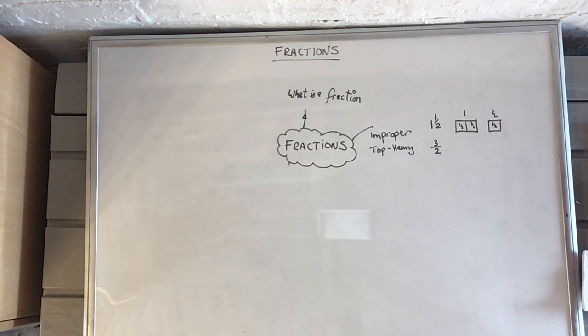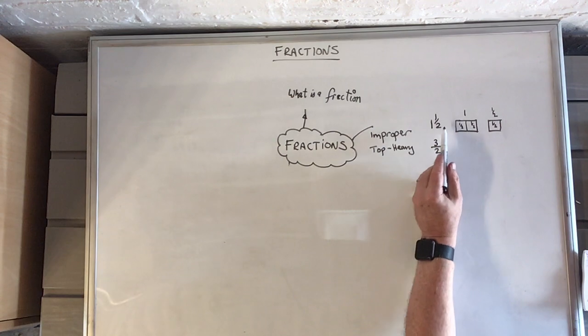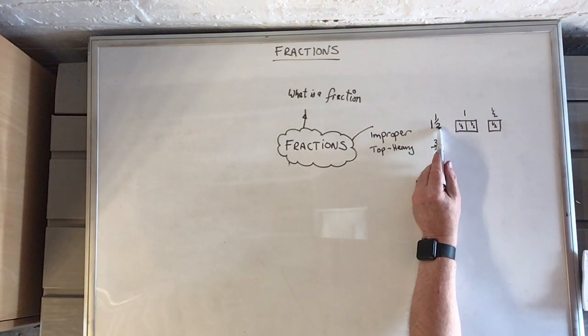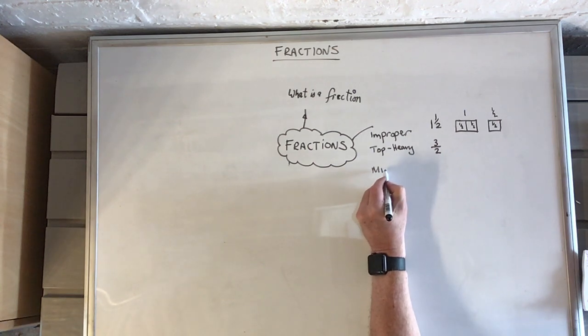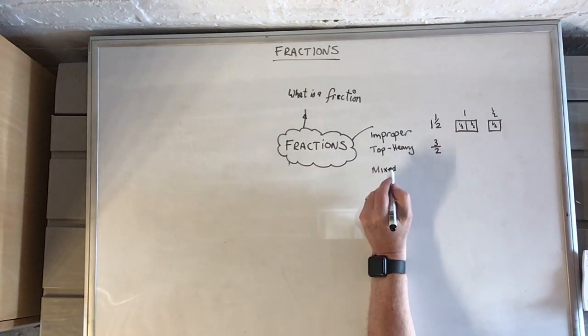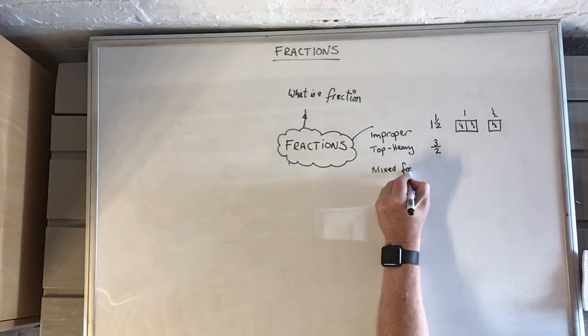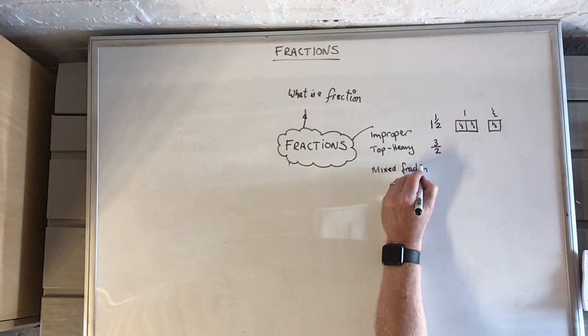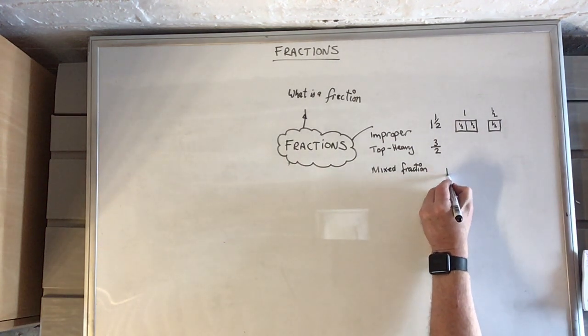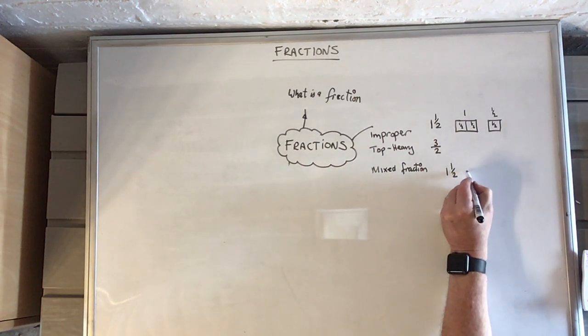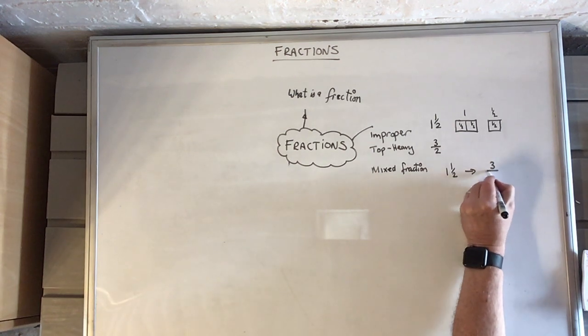Now, this fraction up here, 1 and a half, it's called a mixed fraction as well. It's an improper fraction, it's also called a mixed fraction. That's another term. You can see why it's called a mixed fraction. You've got a whole part and a fraction part. So what we're saying is 1 and a half is exactly the same as 3 over 2.